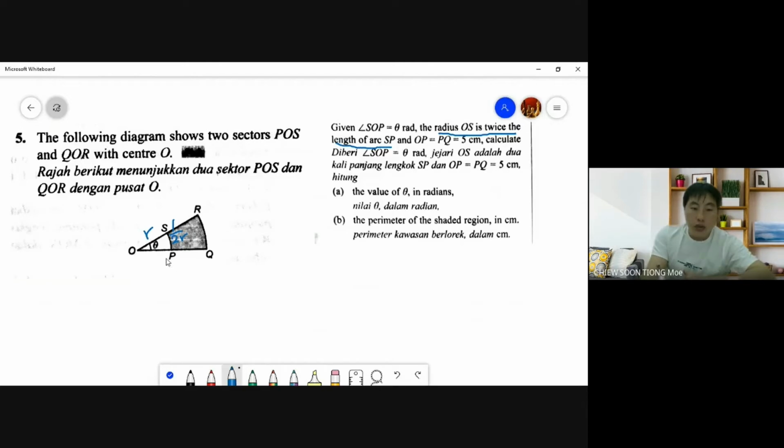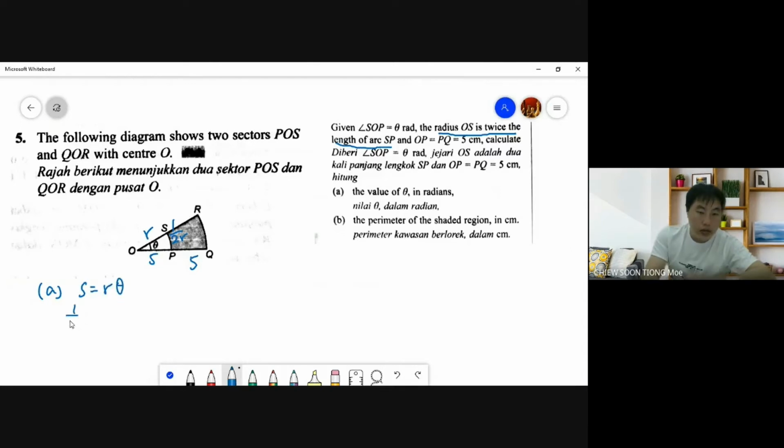OP equals to PQ equals to 5. Calculate the value of theta in radian. So part A, very easy. We try to solve it using the formula S equals to R theta.